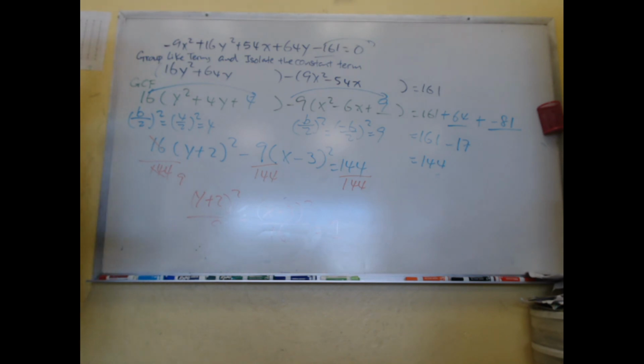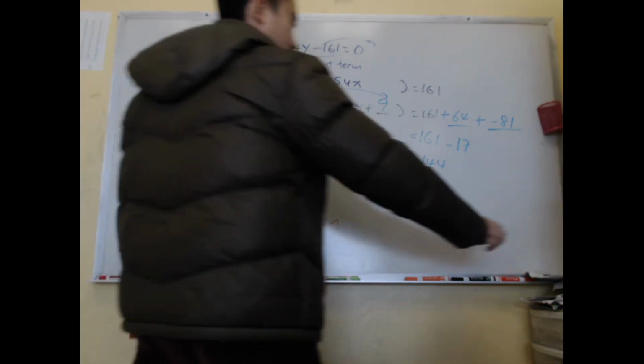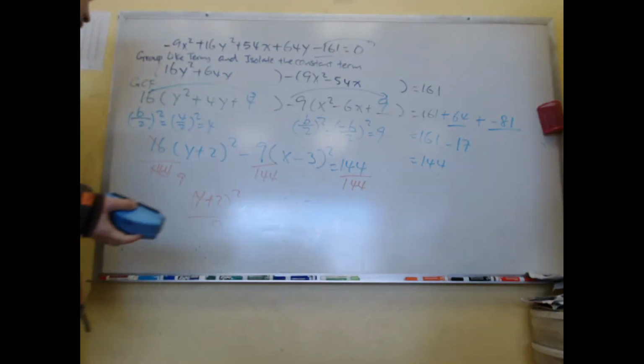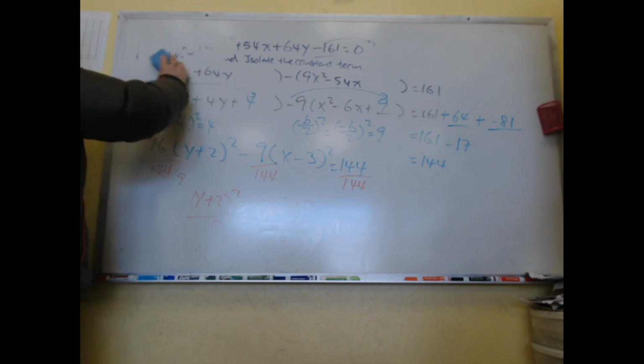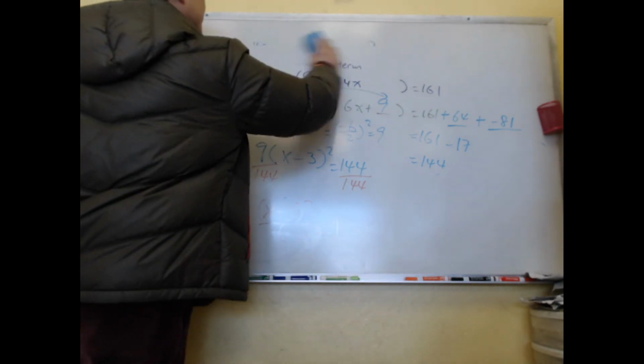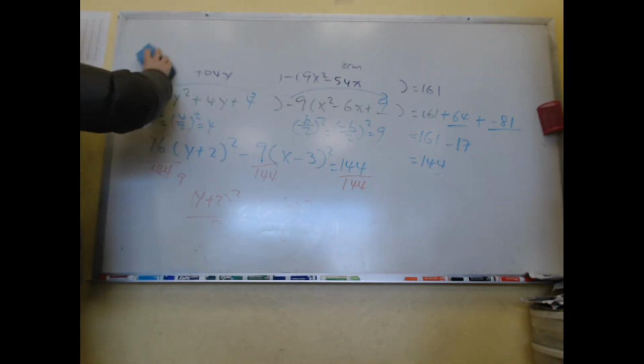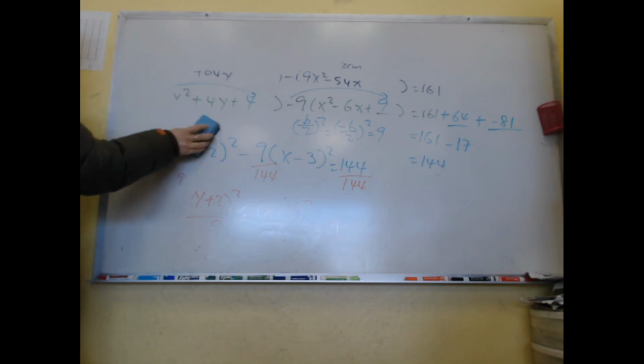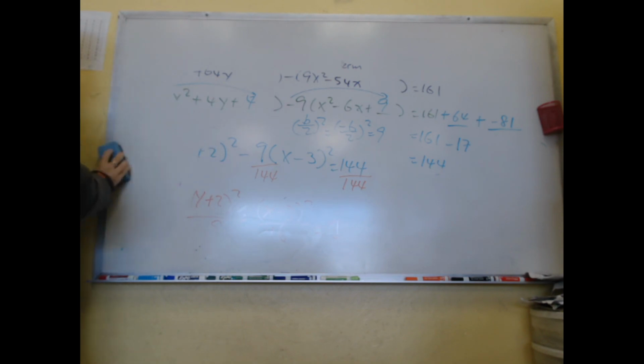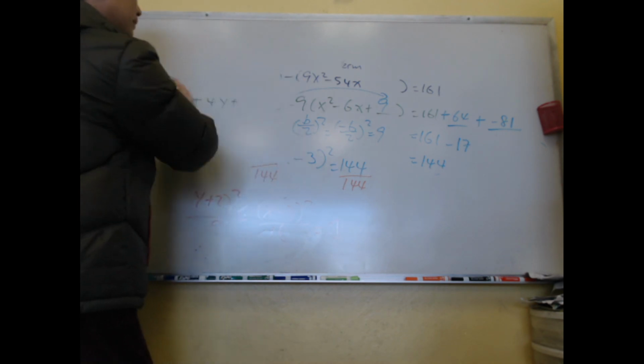It is a lot of work. Yeah, it's very intense. So what kind of hyperbola is this one again? Horizontal or vertical? Vertical. And why is it vertical again? Because we started with y first, right?